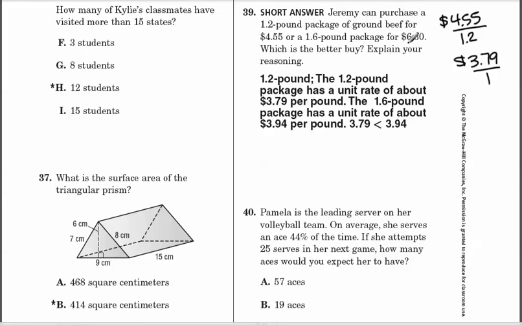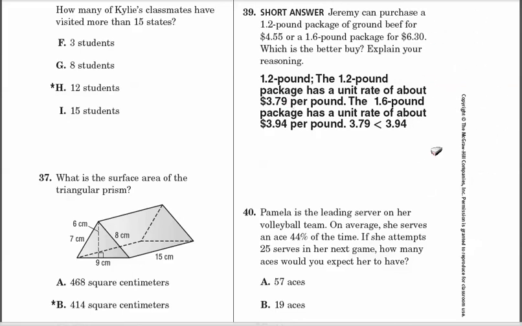Over here, $6.30 for 1 6/10 packages equals $3.94 for 1. So I know that this one is cheaper. That's why the 1 2/10 pounds package is the better rate.